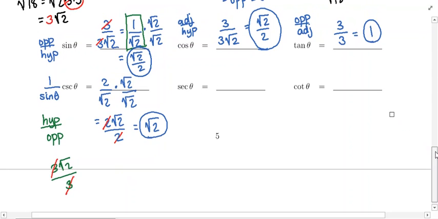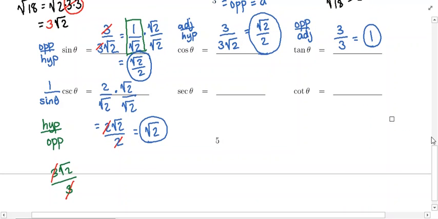All right, moving on to secant. Secant is 1 over the cosine of theta. So we can go to the cosine of theta and flip it. So again, here's your final answer for cosine. If we flip this, it's going to send a square root of 2 to the denominator, so we're going to have to rationalize.